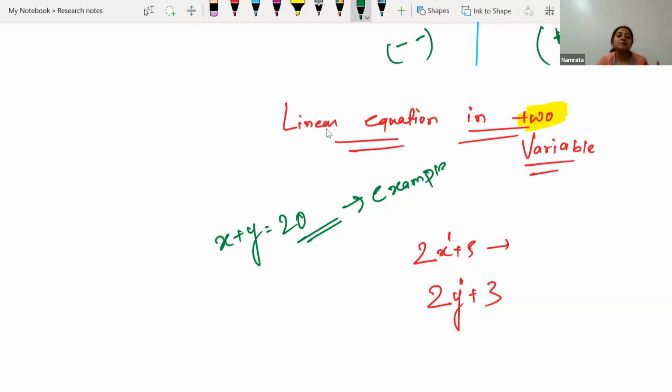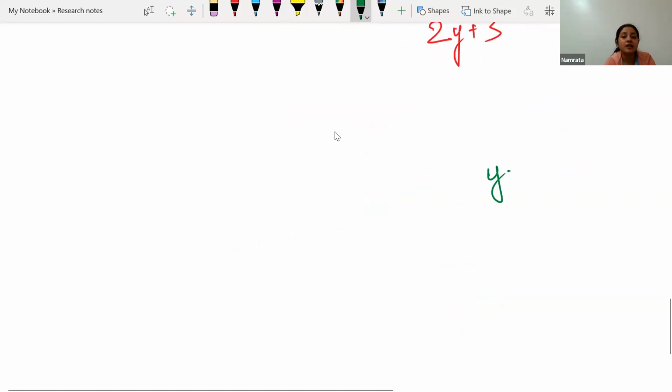In this chapter we are going to discuss this type of linear equation having two different variables. It can be y, it can be 3y plus 2z equals 20. It can be in this form. So two different variables will be there in the same equation, and that is a linear equation.